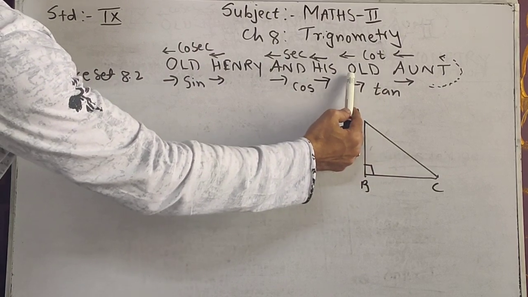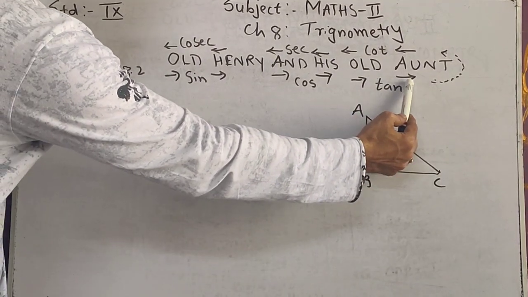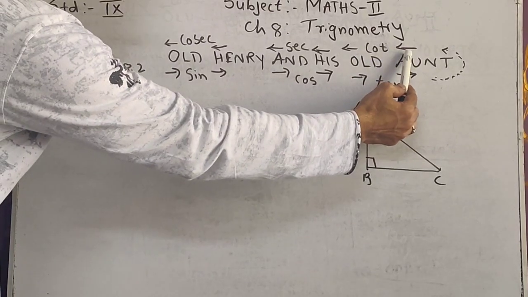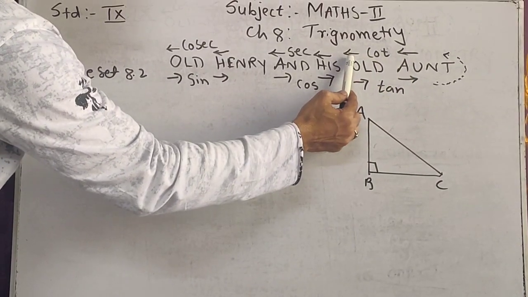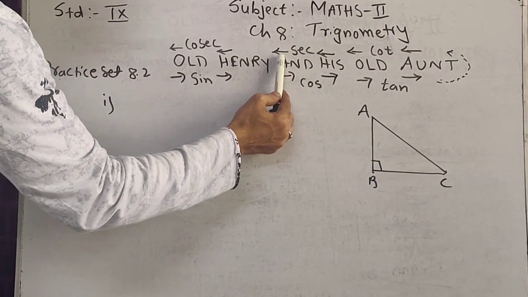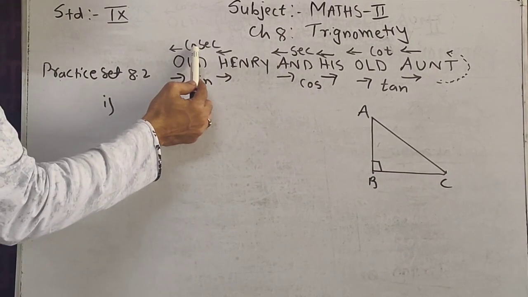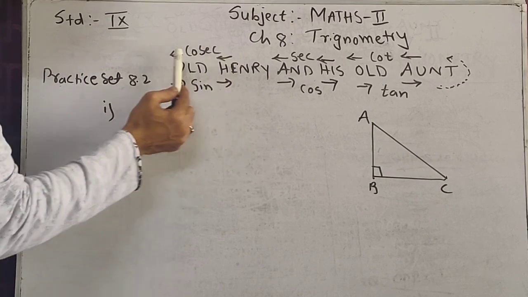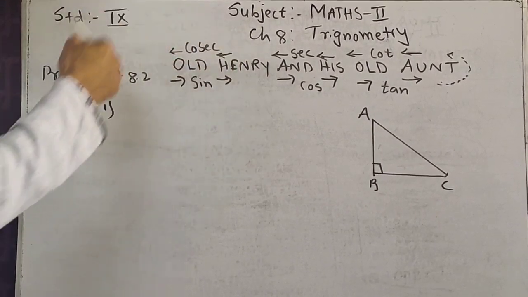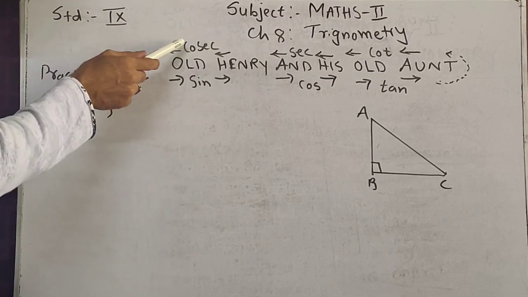Tan formula is opposite side upon adjacent side. Now come reverse. Cot formula is adjacent side upon opposite side. Sec formula is hypotenuse upon adjacent side. And cosec formula is hypotenuse upon opposite side. These are the 6, and you get 6 more.